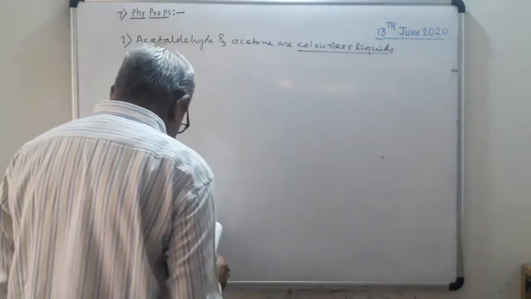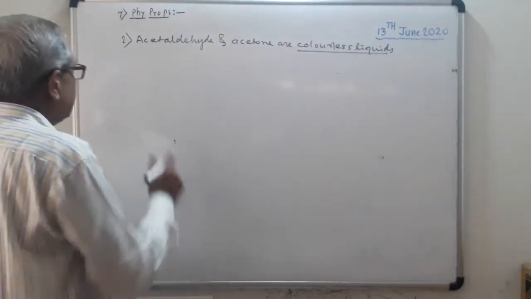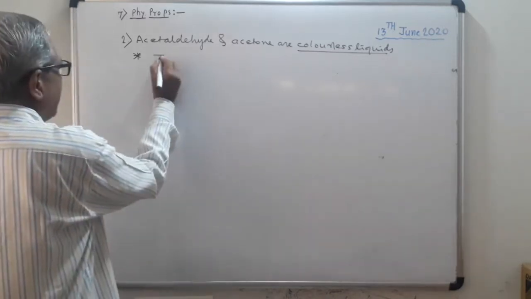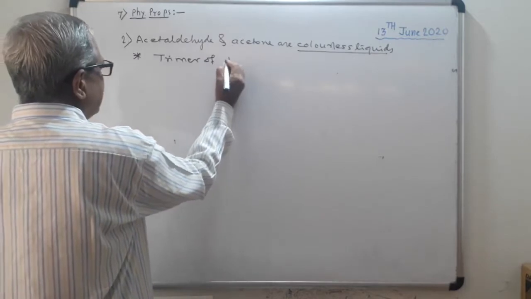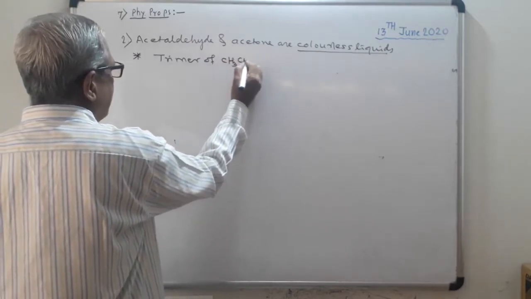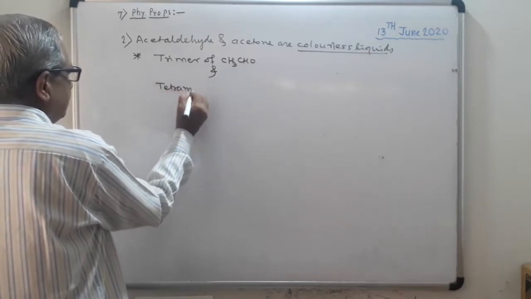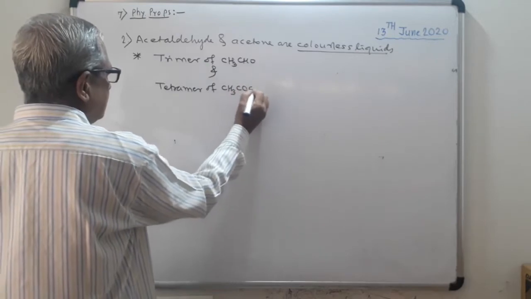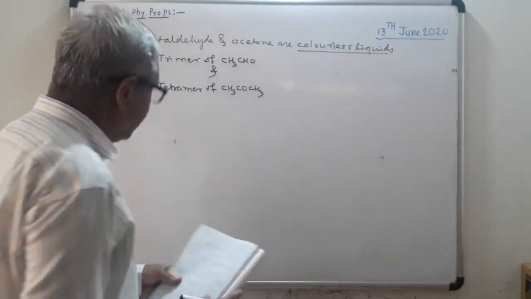Now third physical property. So here again an objective question will be set. Trimer of acetaldehyde and tetramer of acetone are known as dash dash and dash dash.